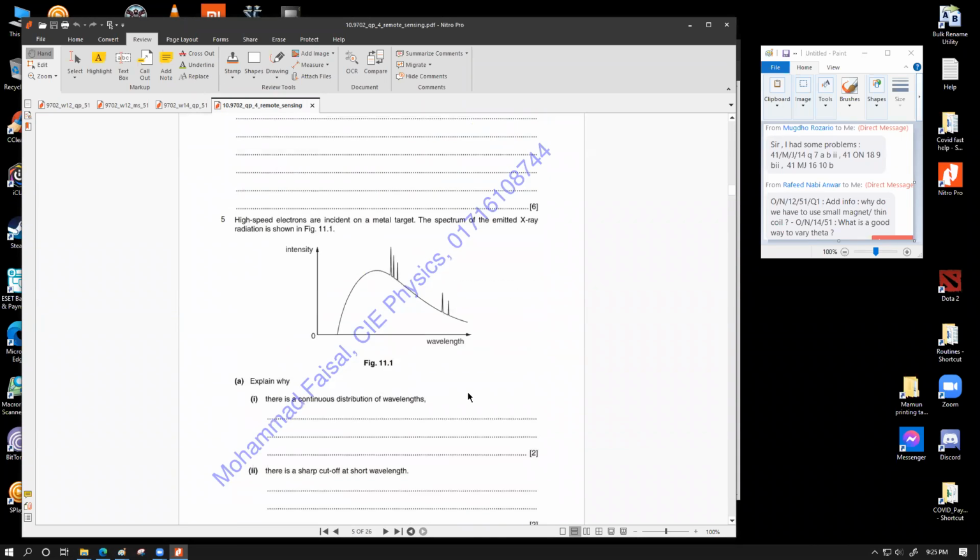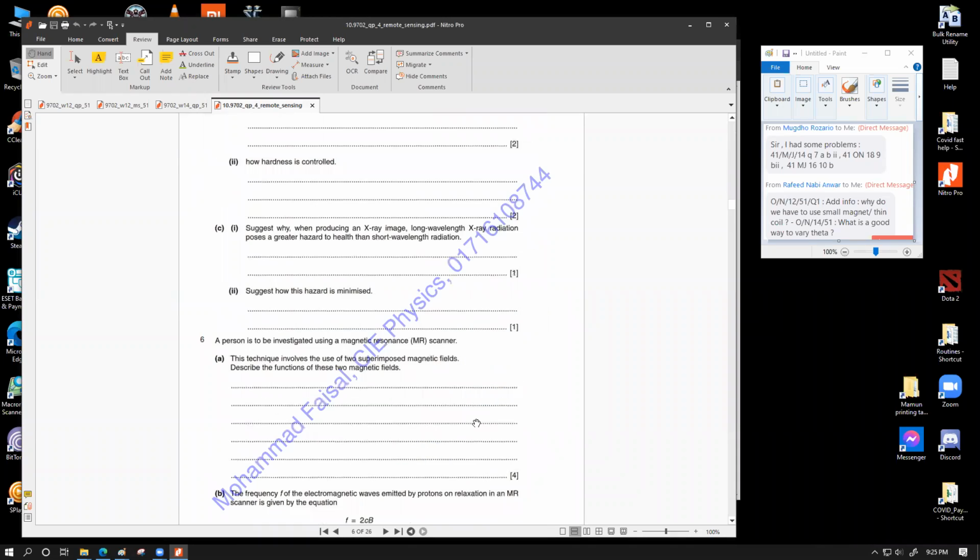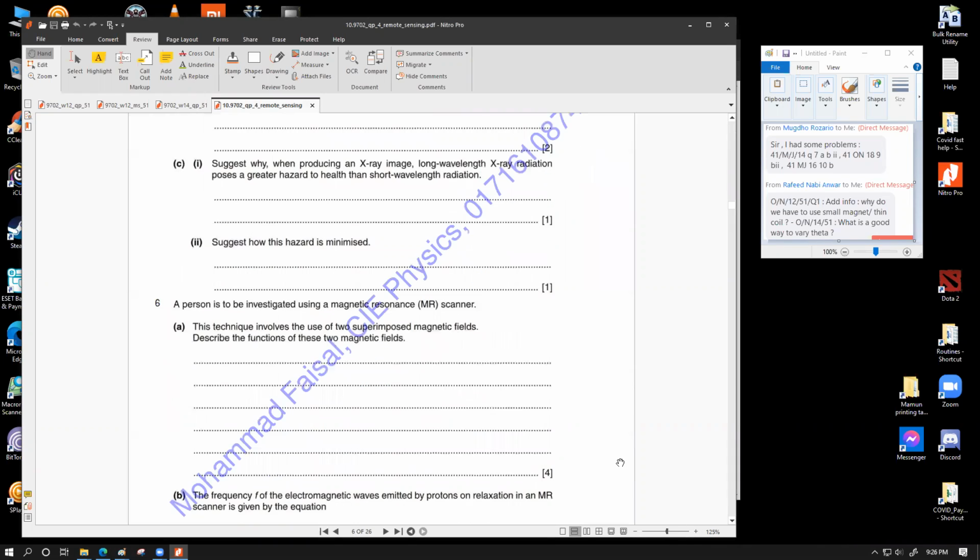The question says that a person is to be investigated using a magnetic resonance MR scanner. The technique involves two superimposed magnetic fields. State the function of these two magnetic fields.